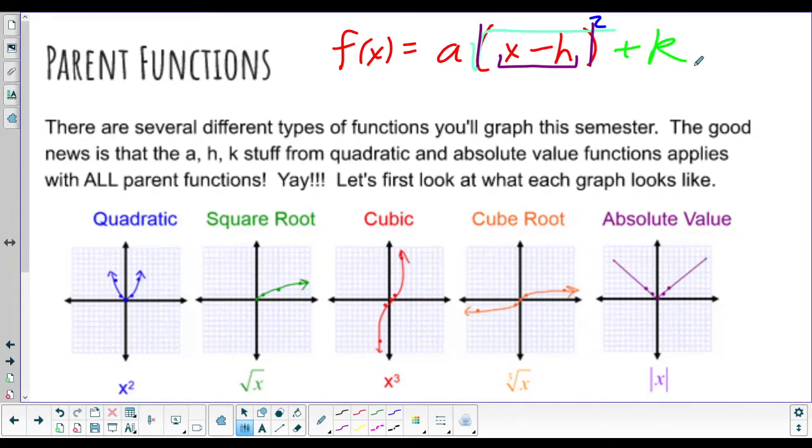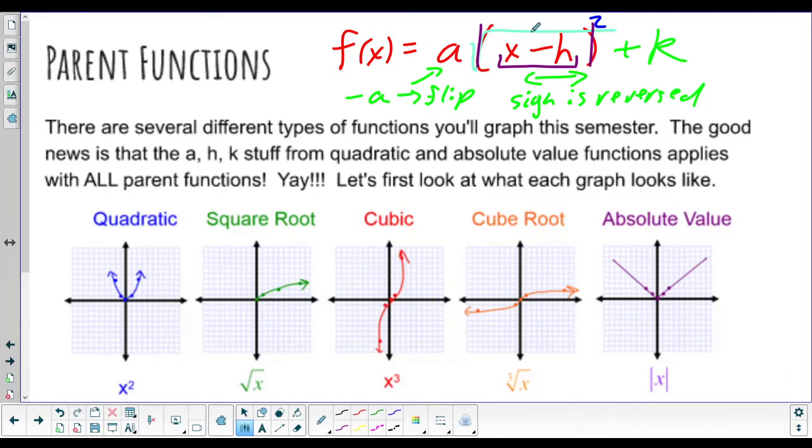Plus k. So remember, a can stretch stuff, but more importantly, if we have a negative a, that's going to flip the graph. That's the one that we're really going to worry about today. H is our horizontal shift. And remember, the sign is reversed.